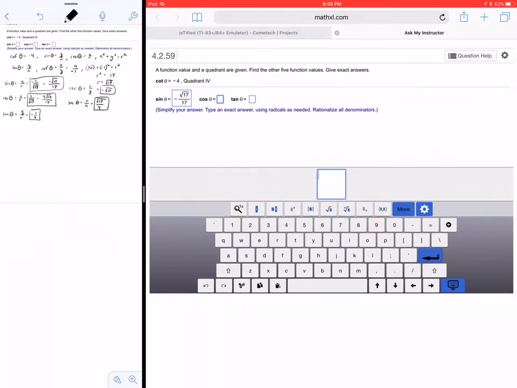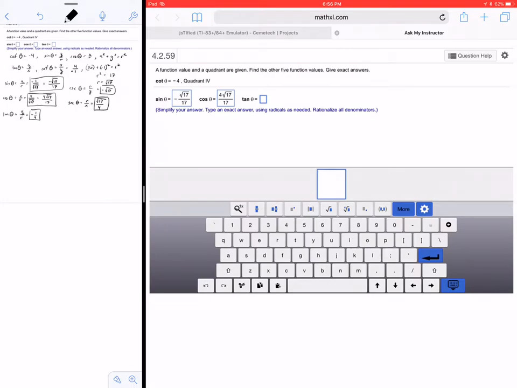Then the next one, cosine, is 4 root 17 over 17. So 4 square root 17 over 17. I just don't like the way that looks. This actually works, but I'm going to put it right there. I want my 4 right there. Yeah, cool. Right, that's cosine.